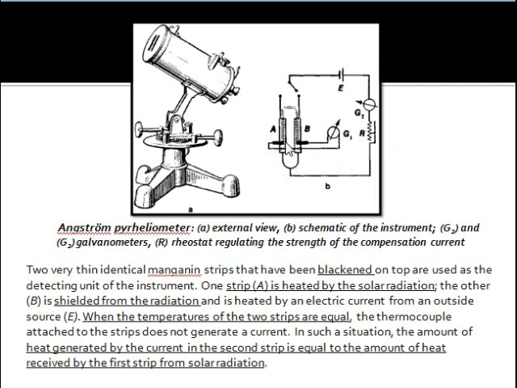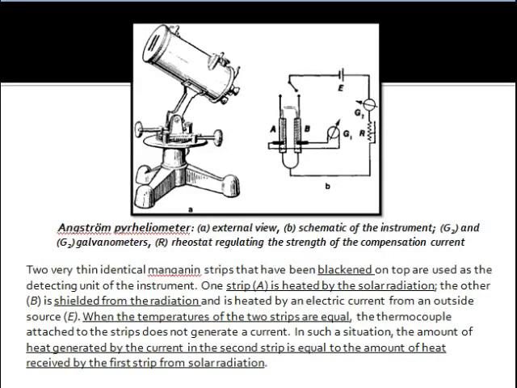So H, the radiation intensity, is proportional to I squared, and it can be equated also: H is equal to I squared multiplied by some constant K. If we multiply that, we can get the value of H, that is, the intensity of solar radiation absorbed by the strip A.